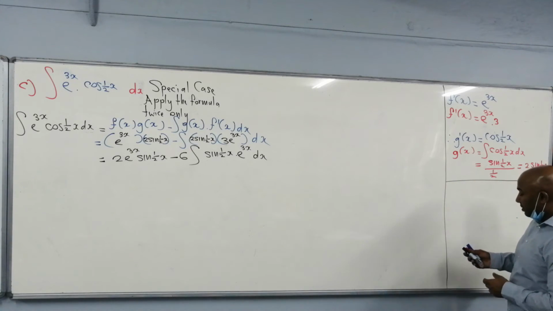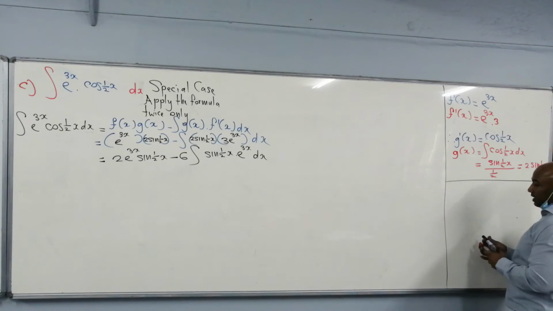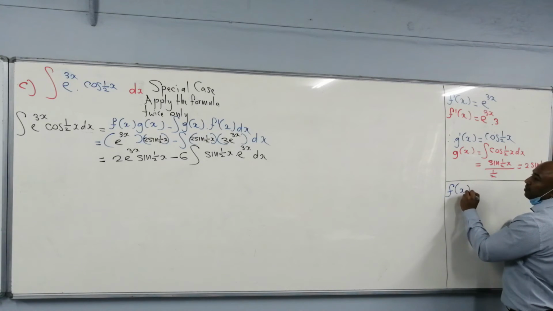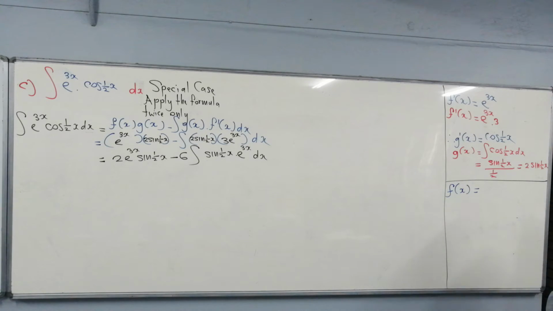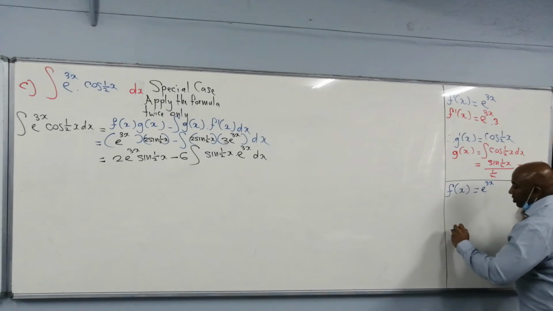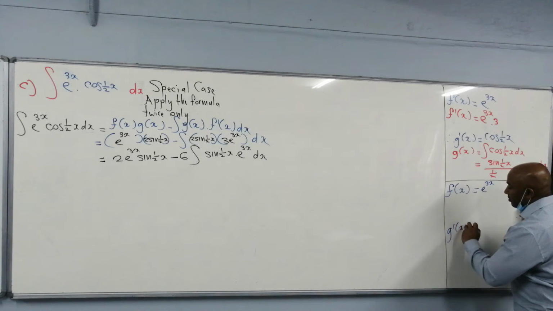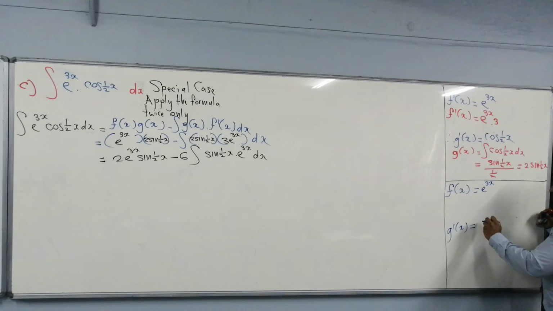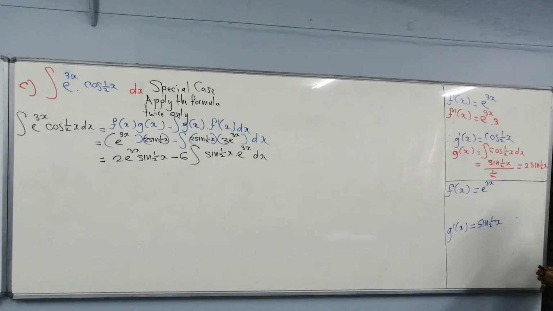Okay, so for the second time, we're going to write down my f of x. What is my f of x? Same thing. F of x is still e to the power 3x. So g prime x is sine of half x. So now what do I need to do?